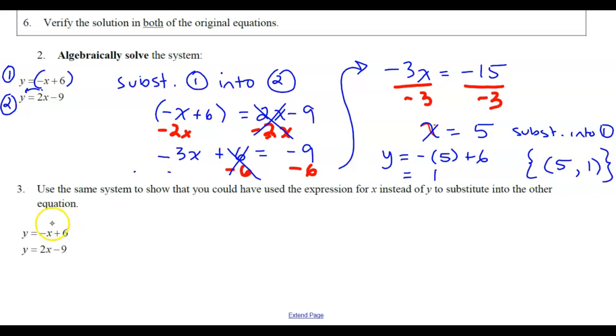So here, if I solve this equation for x rather than for y, I'm just going to rewrite it up top actually. I'm going to rewrite the equation, negative x plus 6.